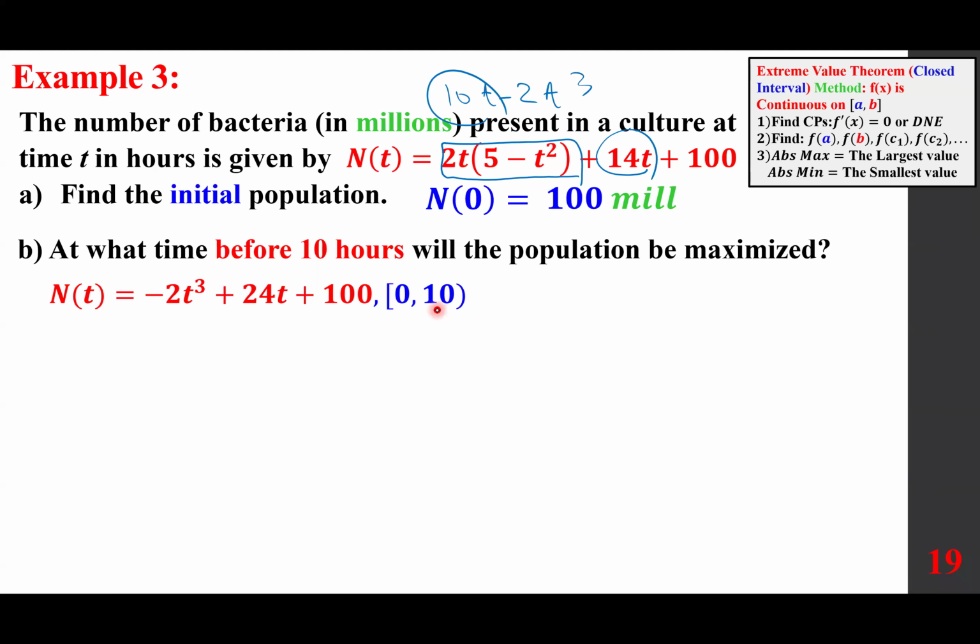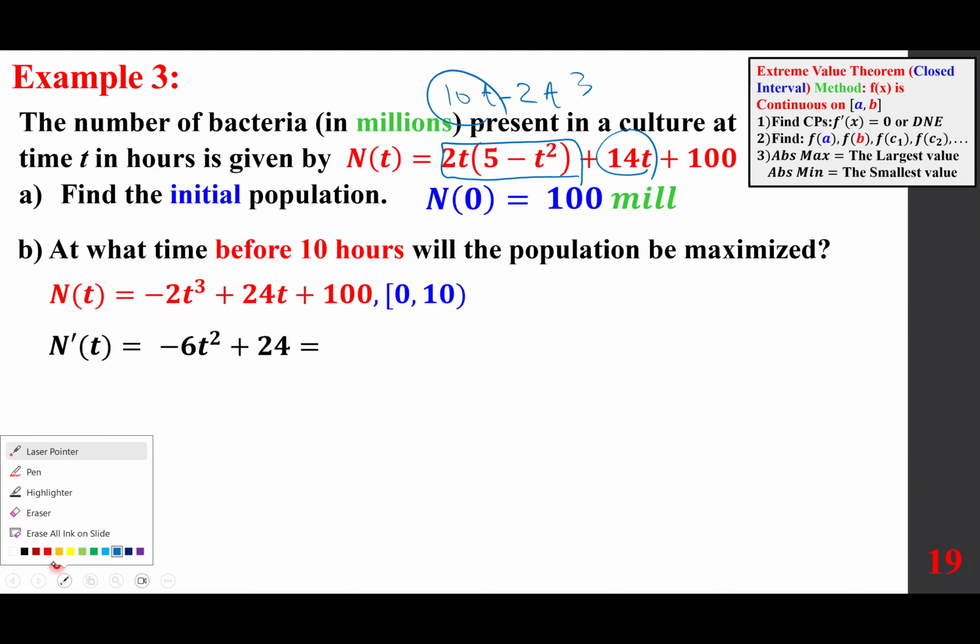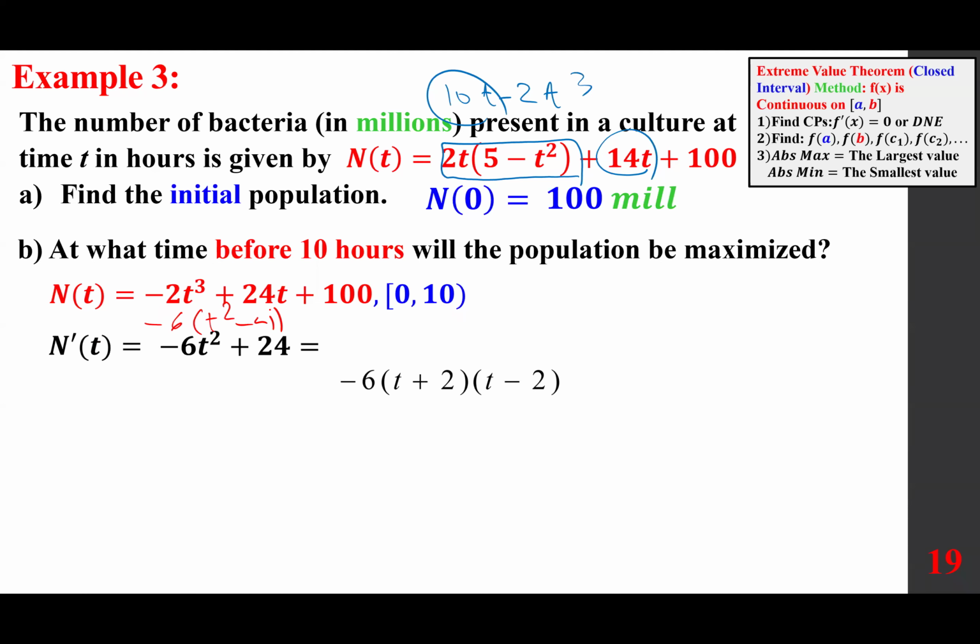So instead, we're going to find N prime, which is minus 6t squared plus 24, and factor out the negative 6. And minus 6 times (t plus 2)(t minus 2). And when you set it equal to 0, you get two answers.